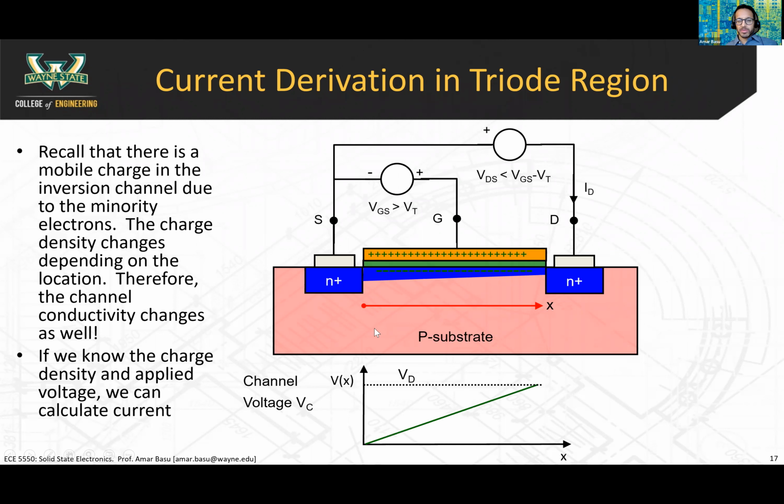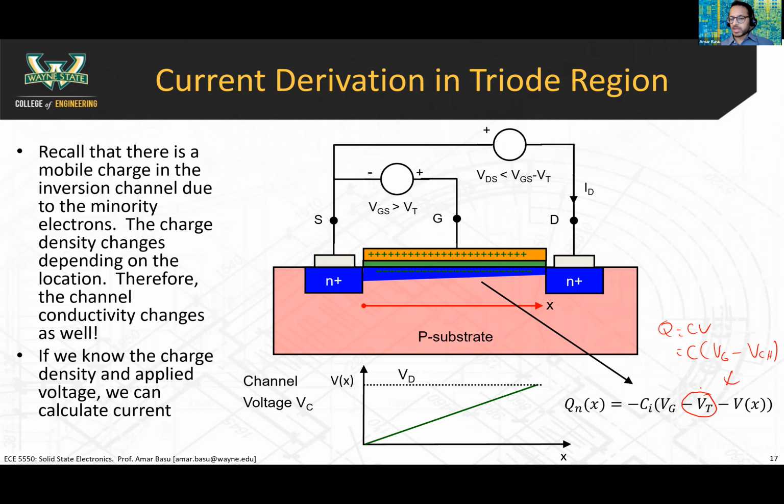Okay, so we know that the channel voltage looks like this. This is something we've already looked at here. The charge is going to be C times V. The basic relationship for charge on a capacitor is Q equals CV. So as I said before, this is going to be C times V of the gate minus V of the channel. The difference in the equation that you see here is that you have this added term VT.